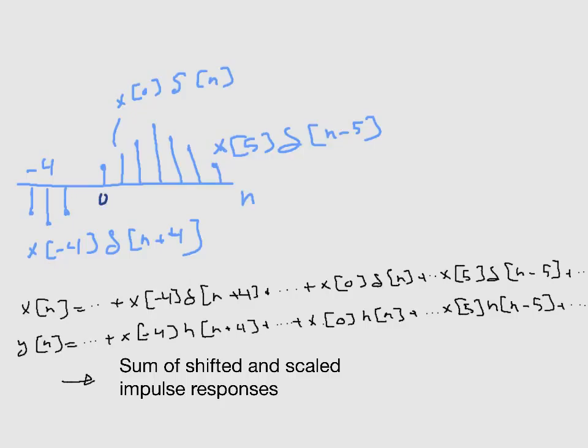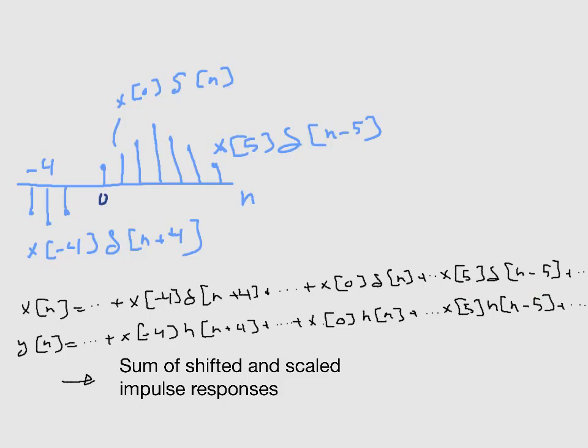For example, delta[n+4] is scaled by x[-4]. Here at n equal 0, we have x[0] times delta[n]. Here is another example, x[5] times the delta located at n equal 5.